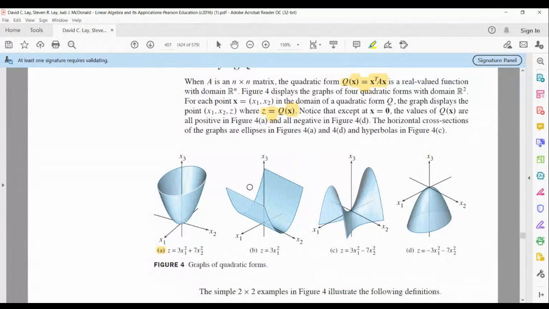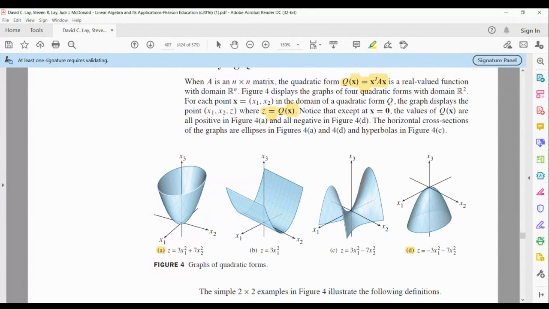But in figure D, the eigenvalues are -3 and -7, which are negative, and you have a paraboloid that opens downward. That quadratic form would be called negative definite.